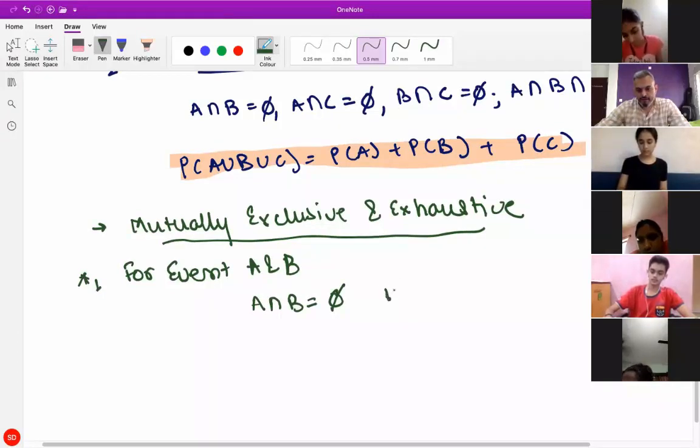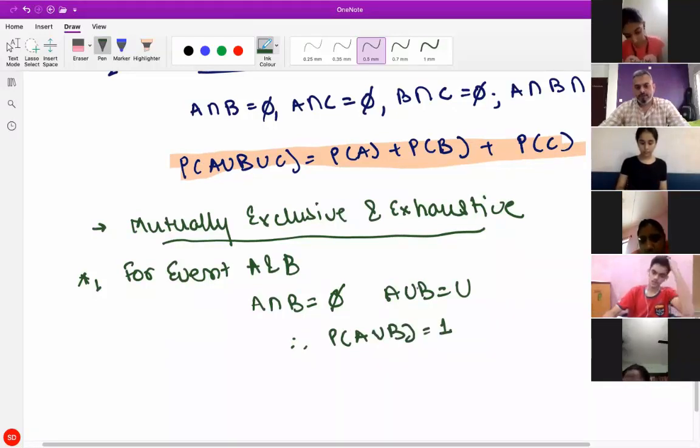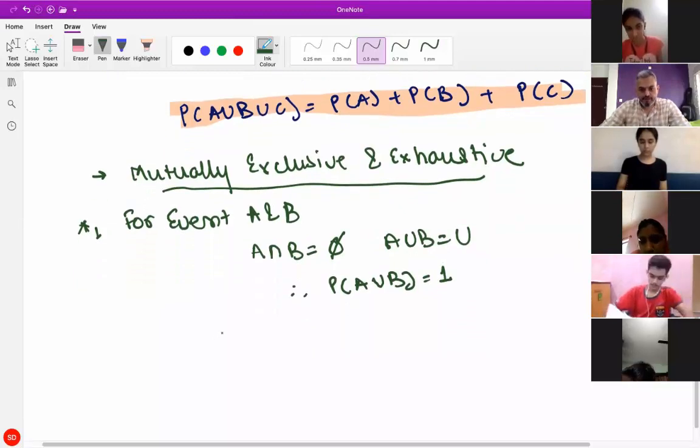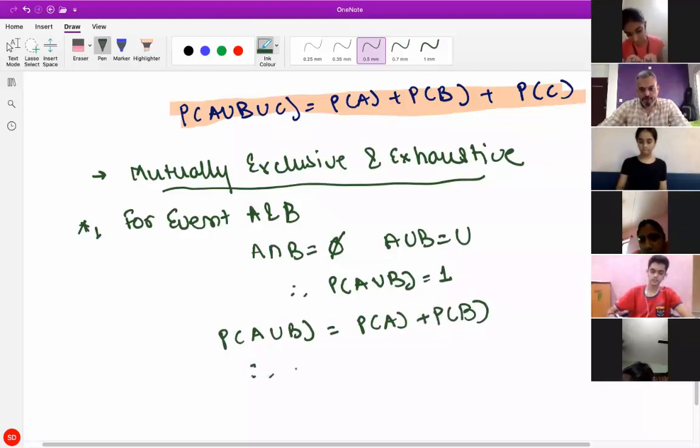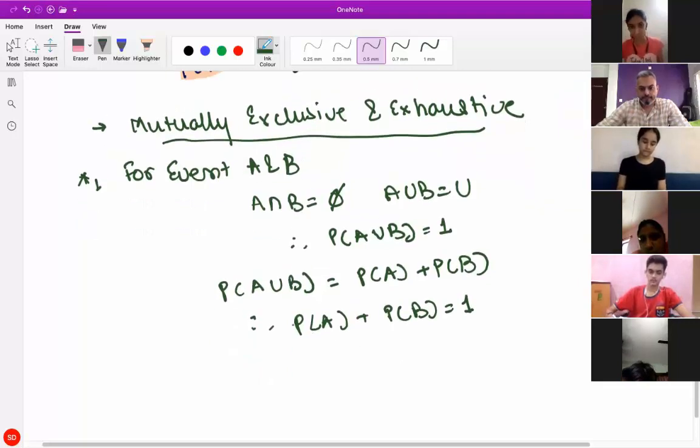They are exhaustive. So A union B is equal to U. Therefore, probability of A union B is equal to 1. So in this case, we write probability of A union B is equal to probability of A plus probability of B. Therefore, we can say that probability of A plus probability of B is equal to 1.